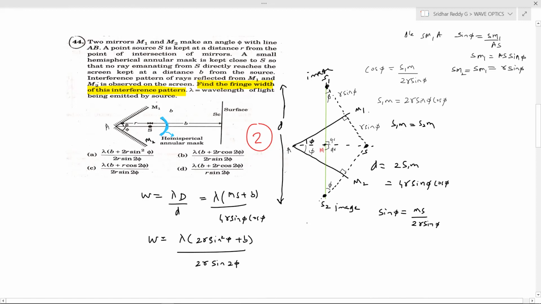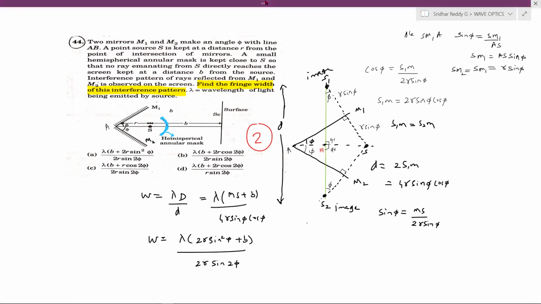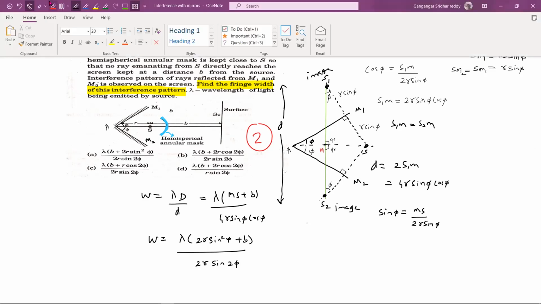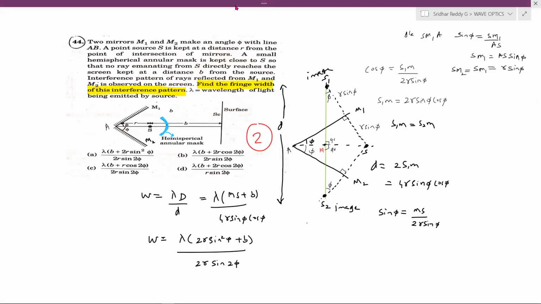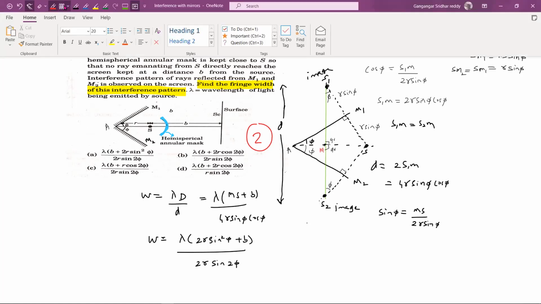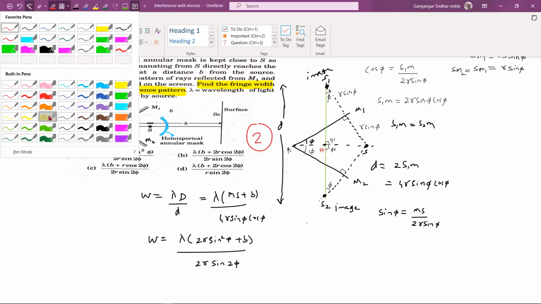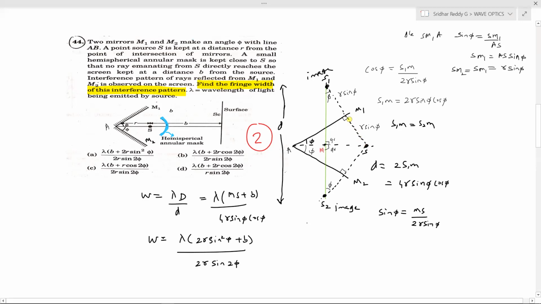For a plane mirror, what is the basic condition? Object distance must be equal to image distance. So R sine phi should be equal to R sine phi.